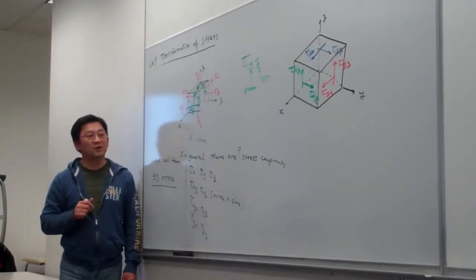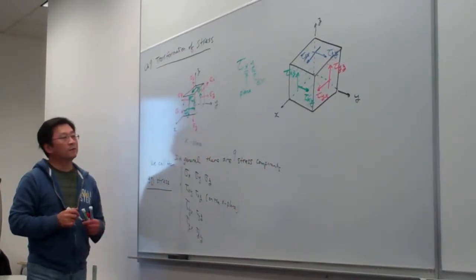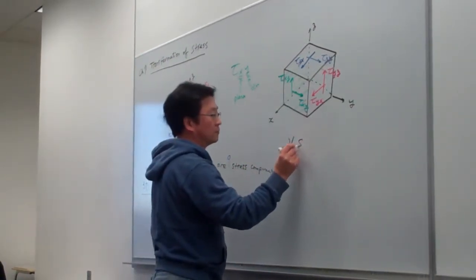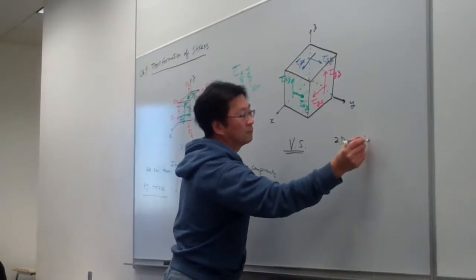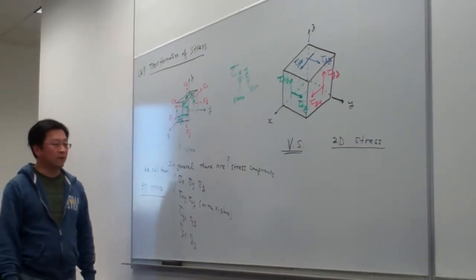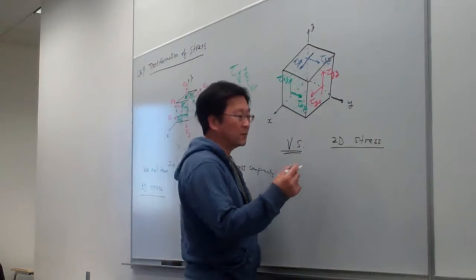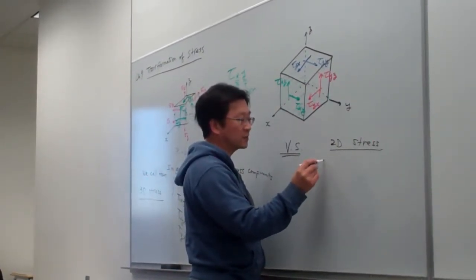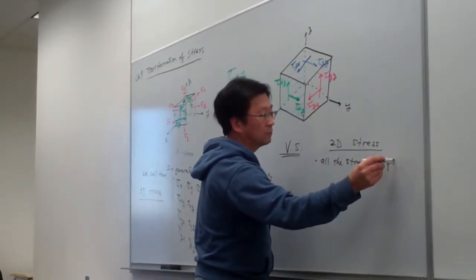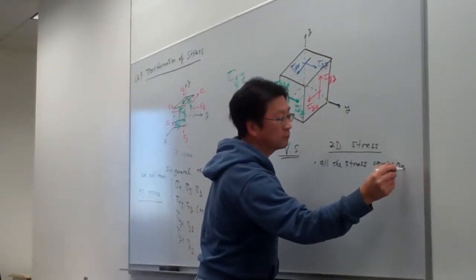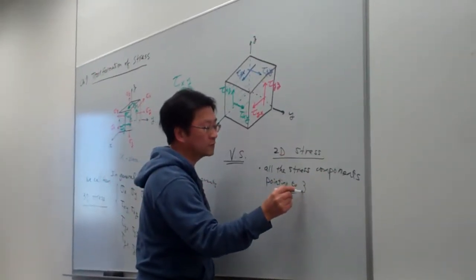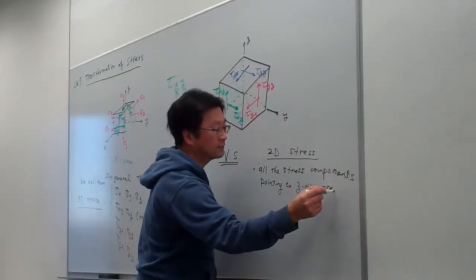So now I want to give you the definition of the 2D. For the 2D stress, one scenario is this: all the stress components pointing in the Z direction are 0.